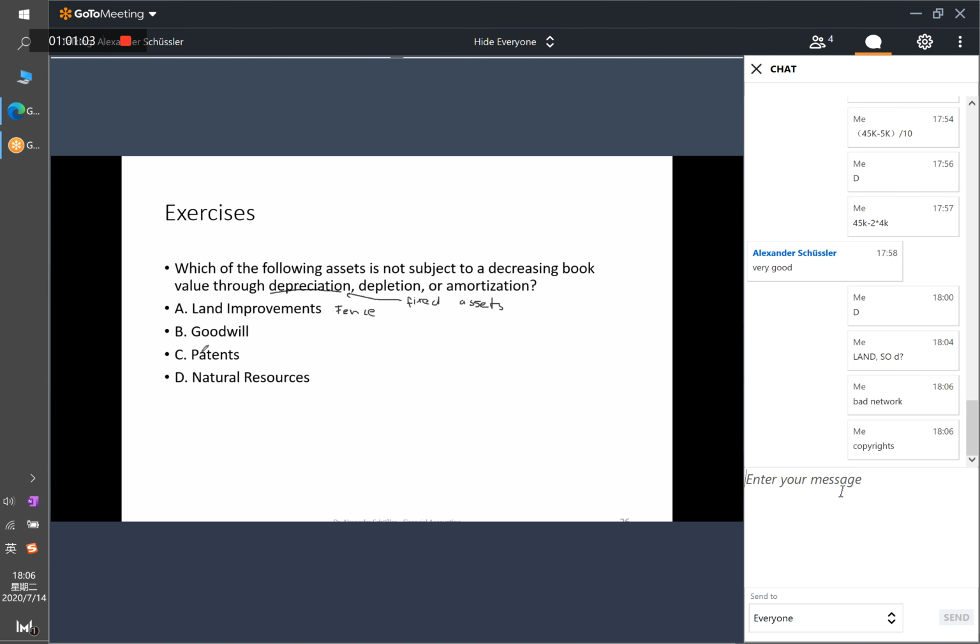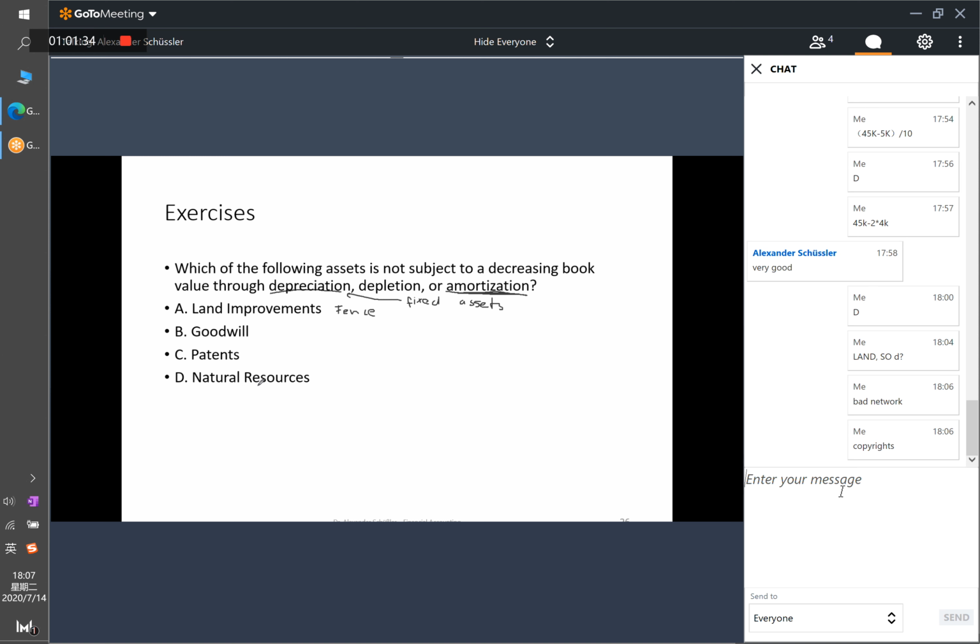Patents are intangible assets. It is amortized, yeah. Patents are amortized because they have a useful life.